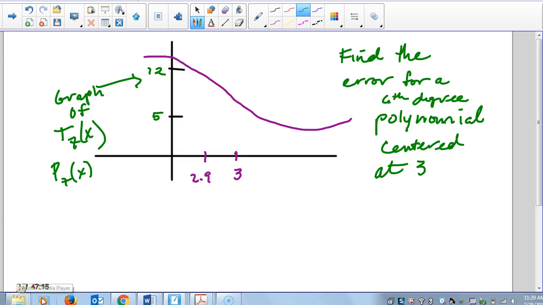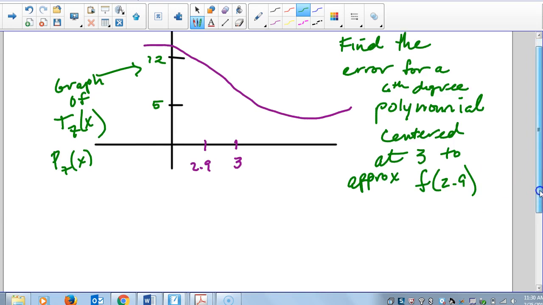So you're looking at, centered at 3, the error for a 6th degree polynomial centered at 3 to approximate, I didn't finish my sentence, approximate f of 2.9. Okay. Actual question on the AP, very similar to this.